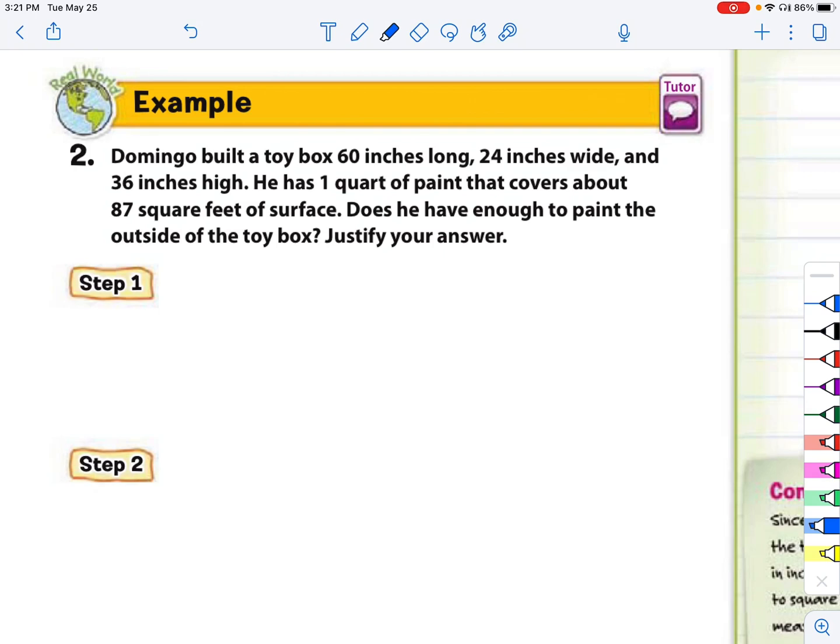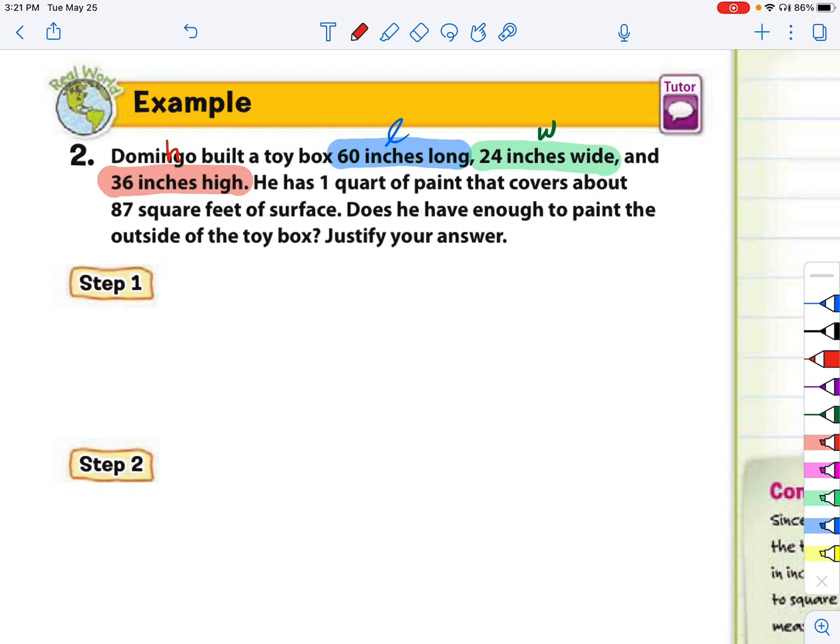Domingo built a toy box. These are the dimensions. 60 inches long represents our length. 24 inches wide represents our width. 36 inches high represents our height.